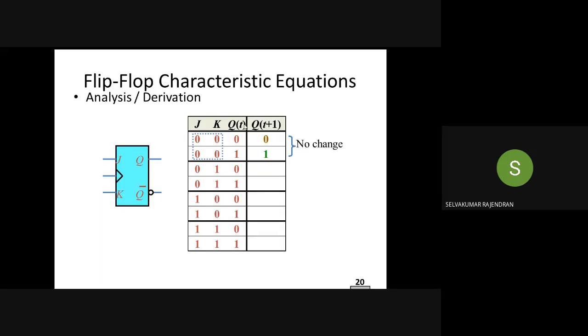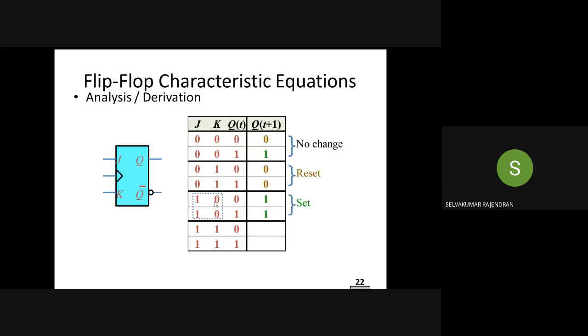So Q of t will be followed in the Q of t plus 1, that is memory state or no change condition. Okay, then for the next possible inputs 0, 1, it means that reset condition for both the input combination, whatever may be the present state, next state will be 0, right? That is reset condition.